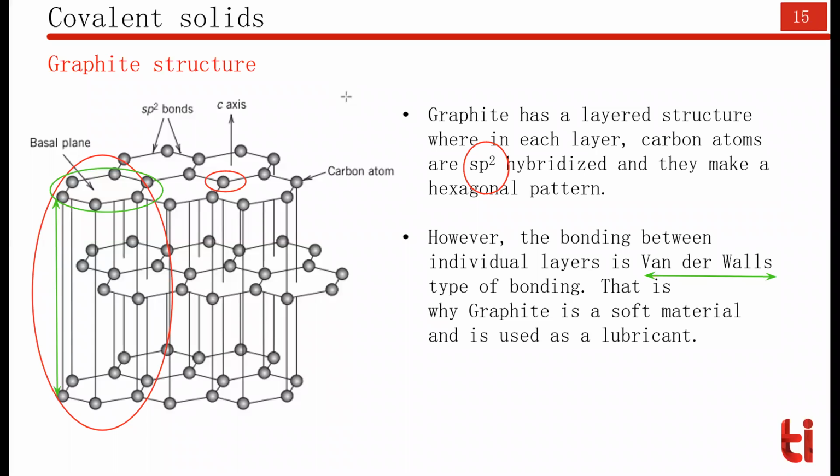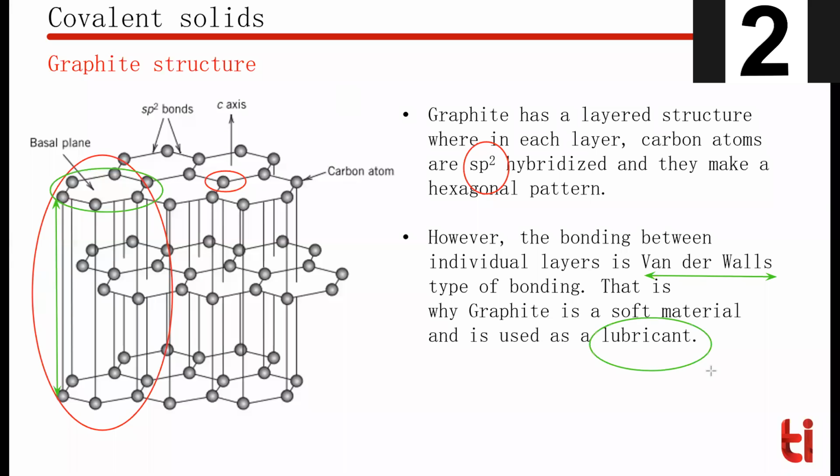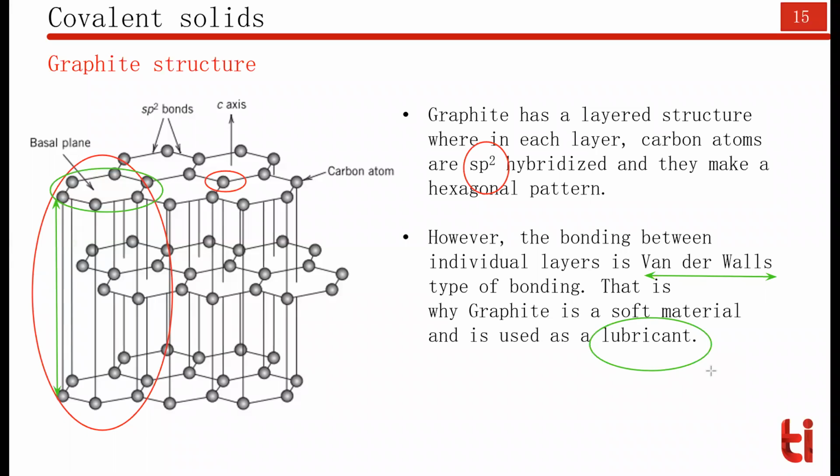This weaker bond allows them to slip over each other, and that makes the graphite structure quite different from the structure of diamond, which is very, very strongly bonded, and all bonds are sp3 hybridized covalent bonds.